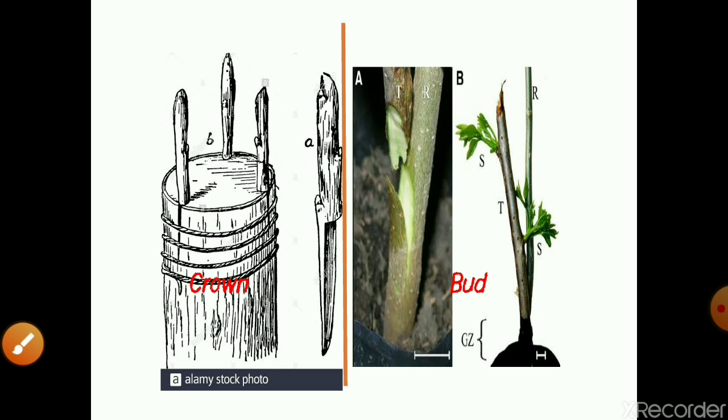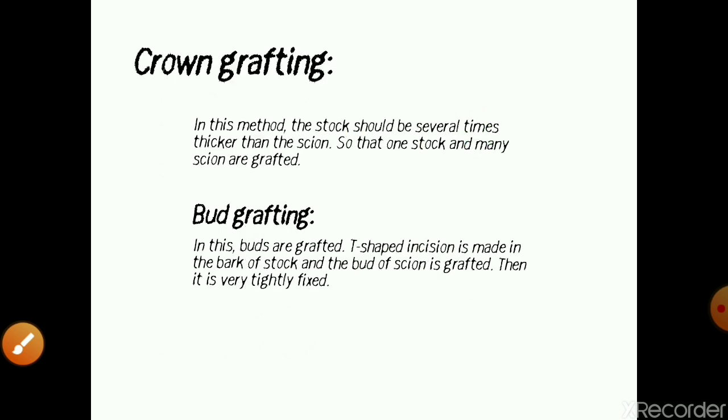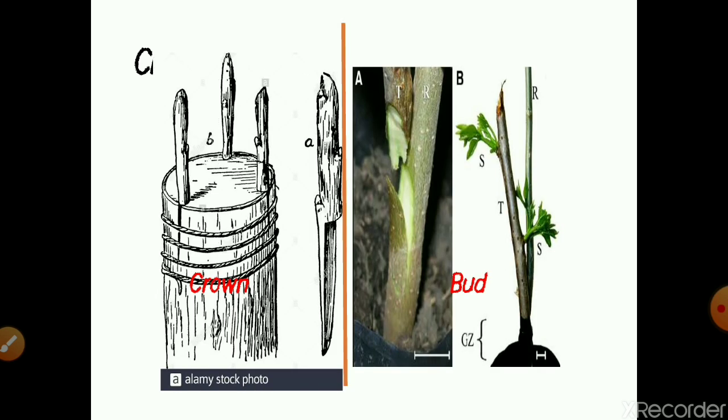Clear, students? So in the crown method, the stalk should be several times thicker than the scion, so that many scions are grafted in the stalk.